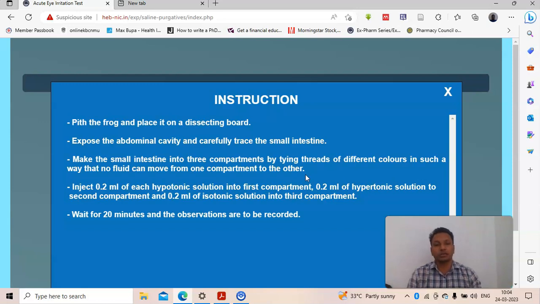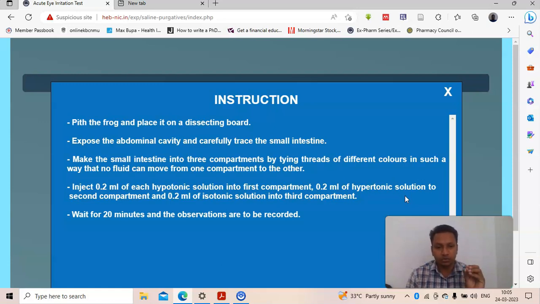So we have to divide the intestine into 3 different compartments and tie it tightly so that fluid from one compartment shall not move to another compartment. And then by injecting 0.2 ml of hypotonic solution into the first compartment, 0.2 ml of hypertonic solution into the second compartment, and 0.2 ml of isotonic solution into the third compartment.